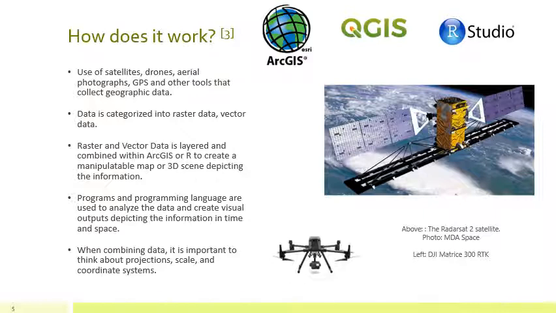So GIS uses data collected from satellites, drones, aerial photos, GPS, or other tools that are used to collect geographic data. And once that data is collected, it is categorized into either raster or vector data.